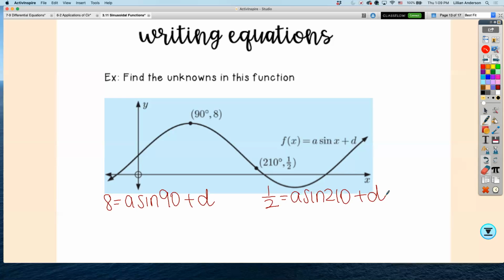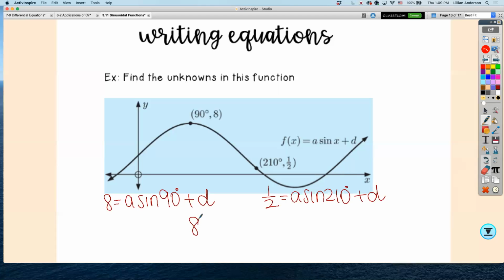Now, sine of 90 degrees is a value just like sine of 210 degrees is a value. Can someone do sine 90 in their calculator, making sure they're on degree mode? It's 1. So this whole thing turns into 1.